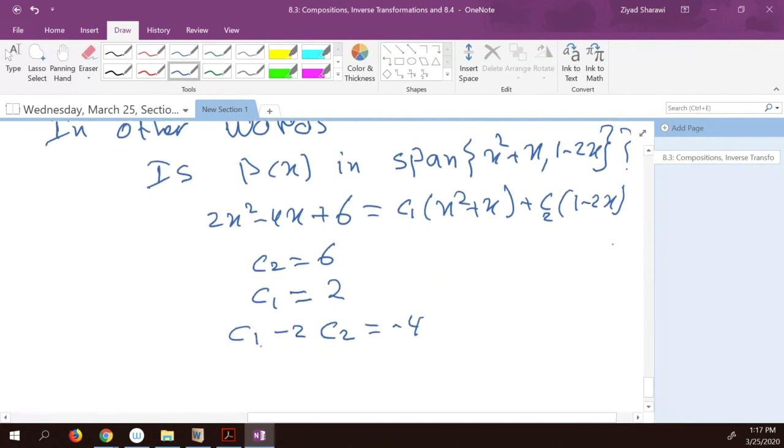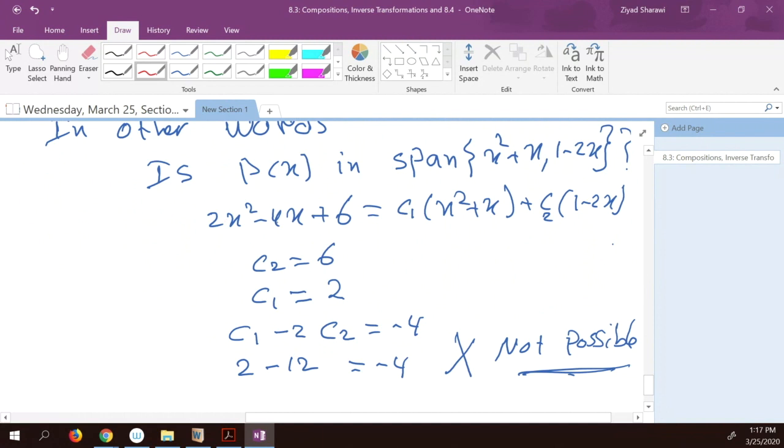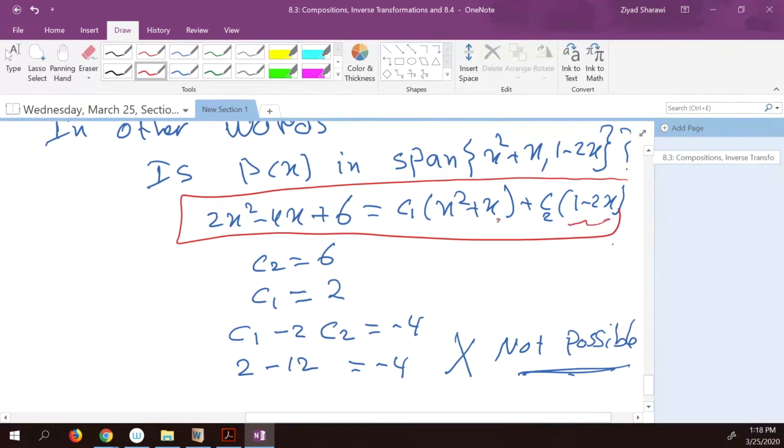But what is C1? This is 2 minus 12, which is negative 10, not negative 4. This is wrong, not possible. So it is not possible to get 2x squared minus 4x plus 6 as a linear combination of this and this.